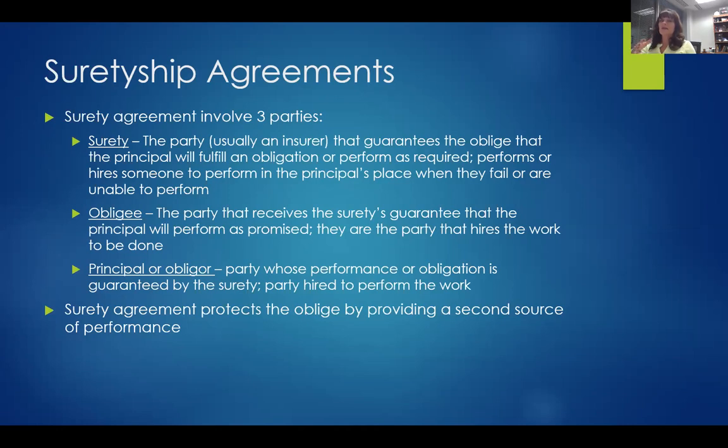If that company or business fails to perform, then the surety is going to make sure that either they do the work or they get someone to do the work that the principal failed to follow through on. That's the surety's job, an insurance company.